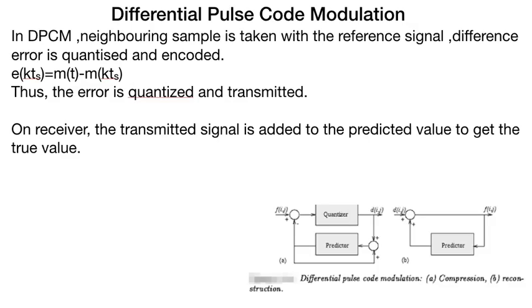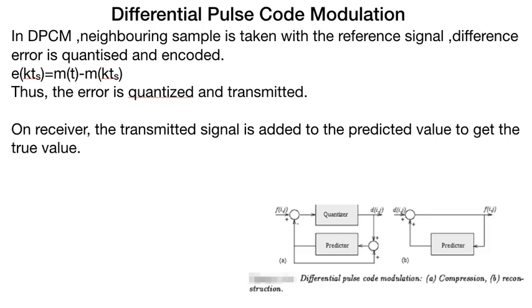Moving on to our differential pulse code modulation technique. How it is different from pulse code modulation will give you the idea of why there was a need for DPCM. In DPCM, the neighboring sample is taken as the reference signal.